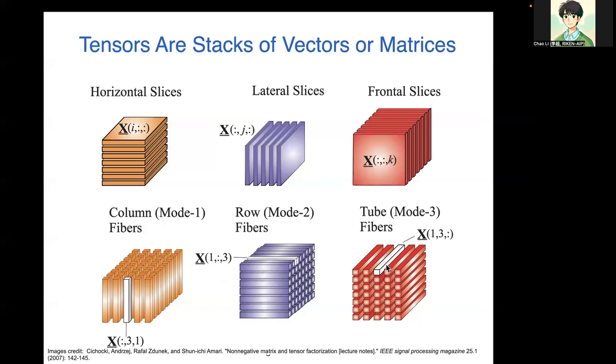A mode 3 fiber, sometimes called a tube, is obtained by fixing all but the third mode. So, thinking of tensors as stacks of slices or fibers is very useful because many tensor operations are performed slice by slice or fiber by fiber.